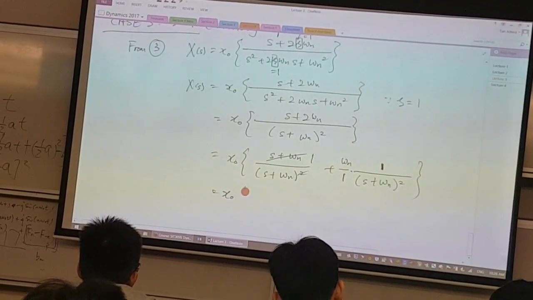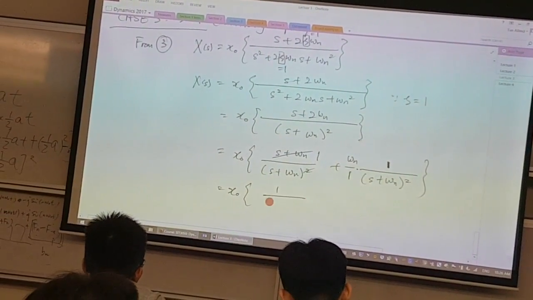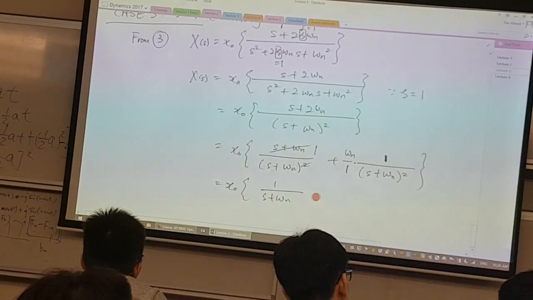So I'm going to try to inverse Laplace this following expression.